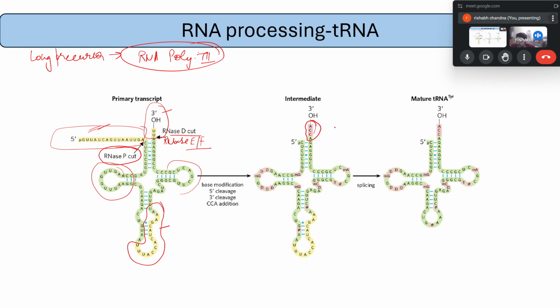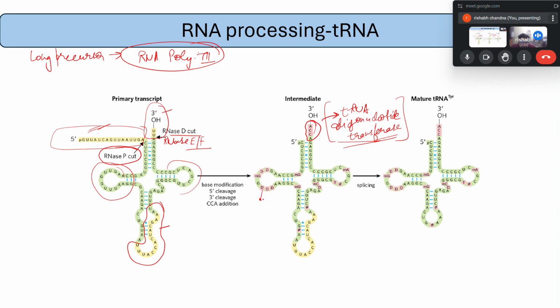This is done by tRNA nucleotidyl transferase. So this addition of CCA is done, and then different bases are modified.